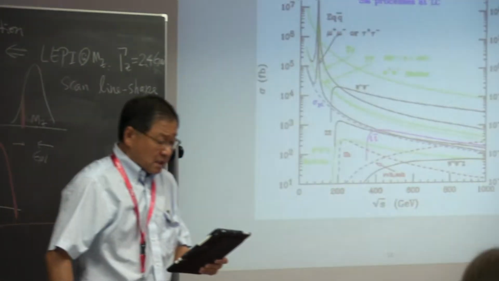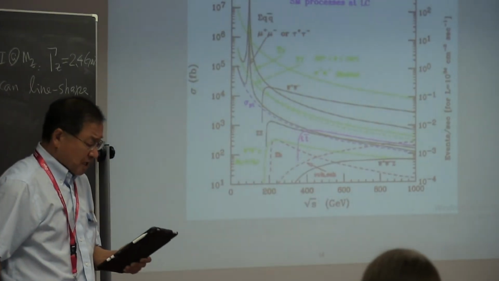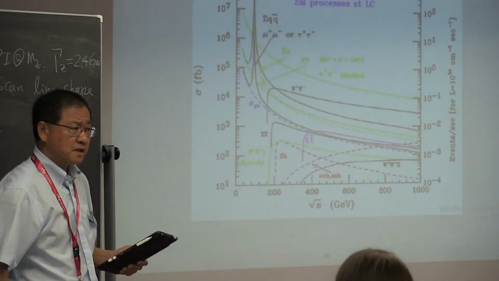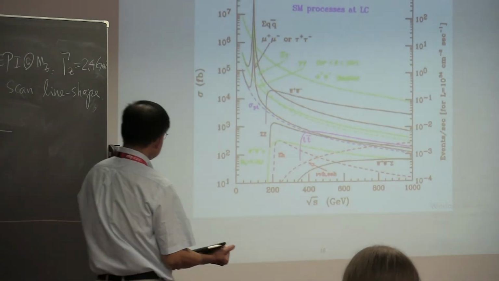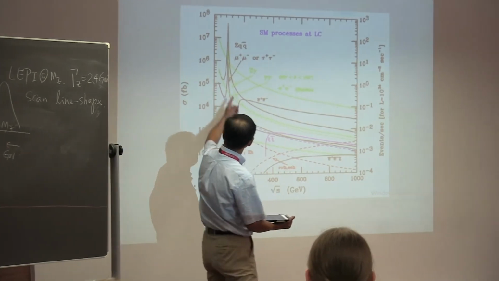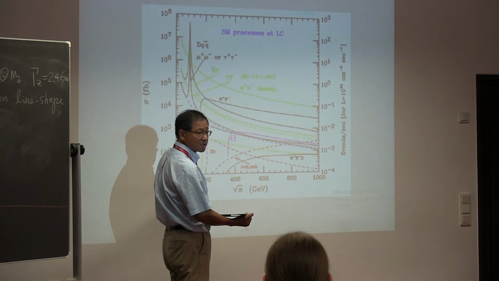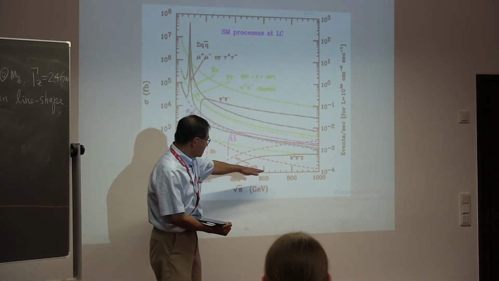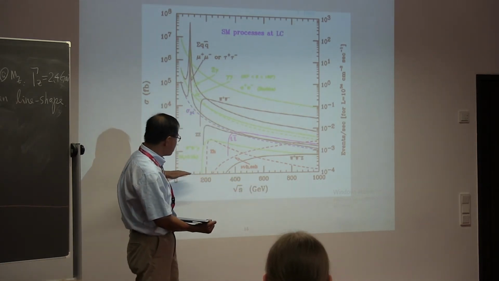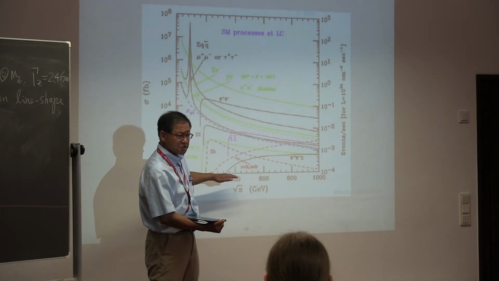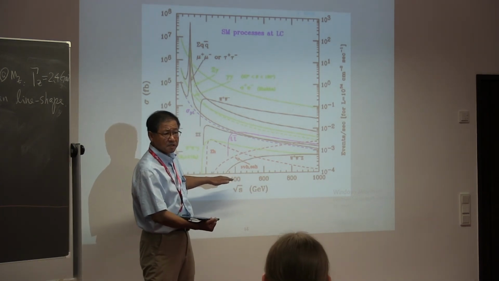As I mentioned to you, the production rate at an e+e- collider is not very high. Here you can see the profile. Here is the 90 GeV sharp peak, this is where the Z is. This is the total cross section versus the machine's designed center-of-mass energy.